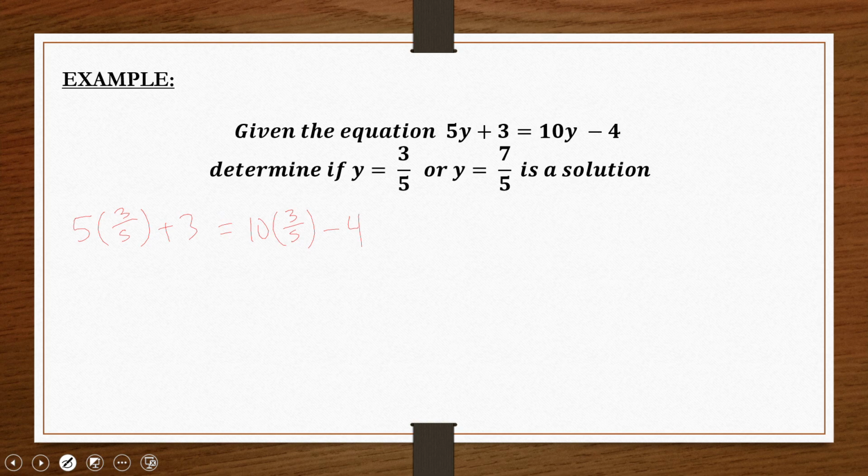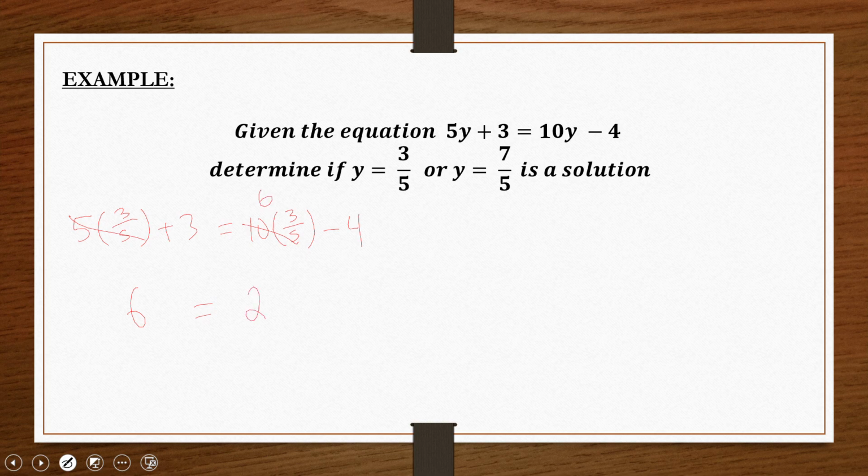Ultimately, this fraction will reduce to give me just 3, and 3 plus 3 would give me 6. On the right-hand side, I can simplify in a similar manner. I could, for instance, multiply 10 times 3 and get 30. Dividing by 5 gives me 6. Or I could say 10 divided by 5 is 2. Multiplying by 3 gives me 6. And 6 minus 4 results in 2.